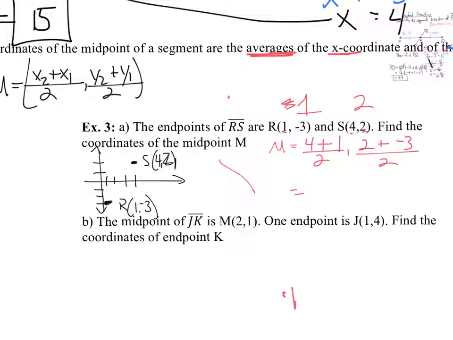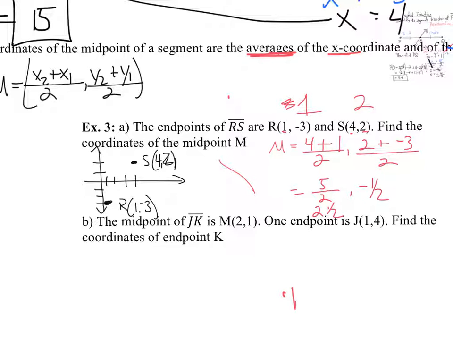Therefore, my midpoint equals 4 plus 1, which is 5. 5 divided by 2 is 5 over 2. We'll leave that as a mixed fraction for now. And then my other one, 2 plus a negative 3 equals negative 1. Negative 1 divided by 2 equals negative half. So my midpoint, if I rewrite this fraction into a form we can use, it would be 2 1/2.